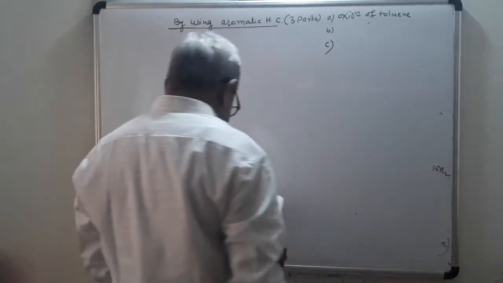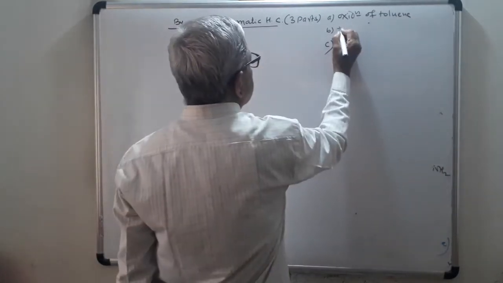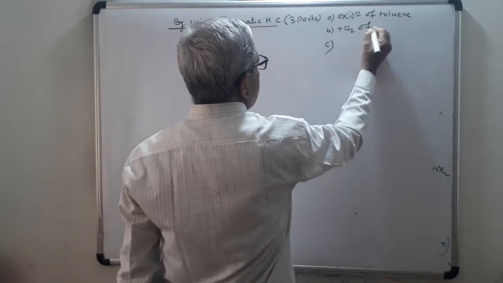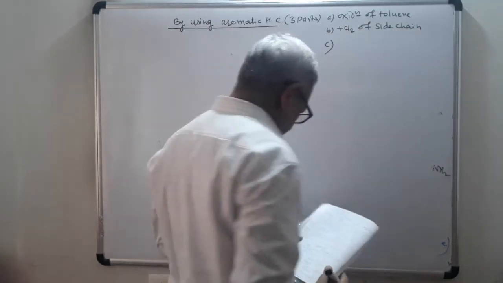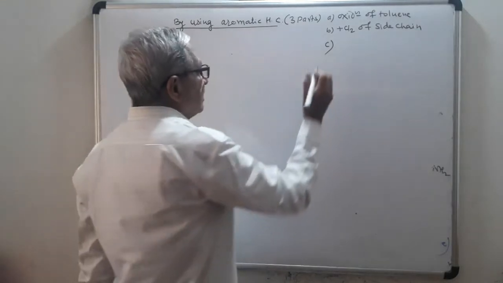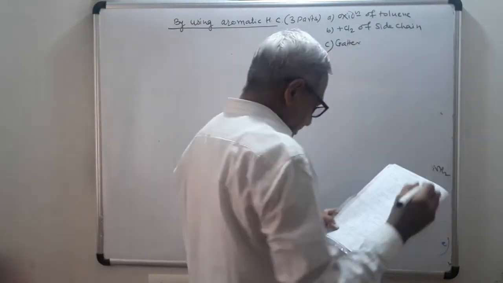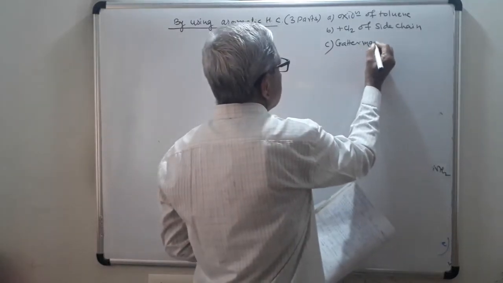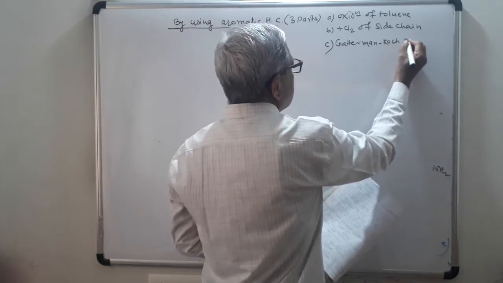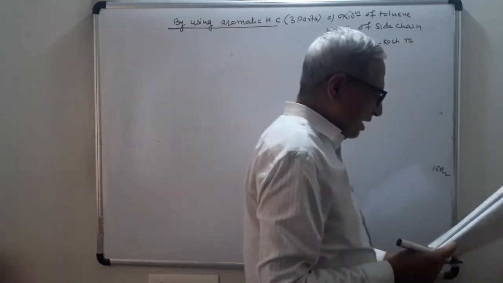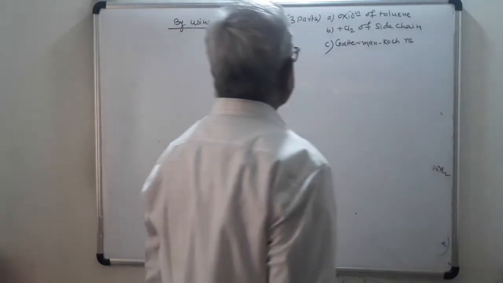B part is by chlorination of side chain. I will explain every point in detail. And the last method is the Gattermann-Koch reaction. So these are the three parts you have to learn in detail by using aromatic hydrocarbon.